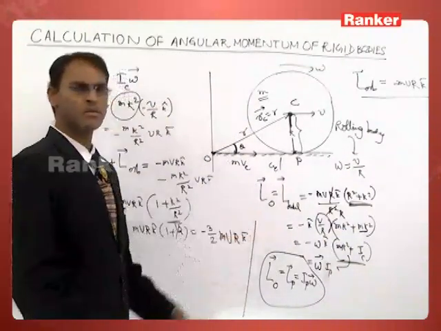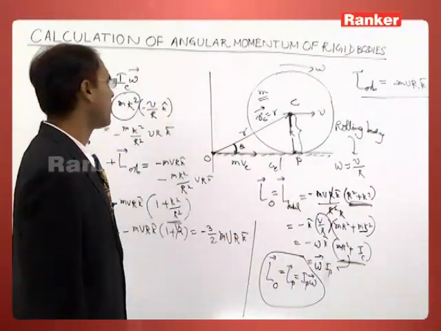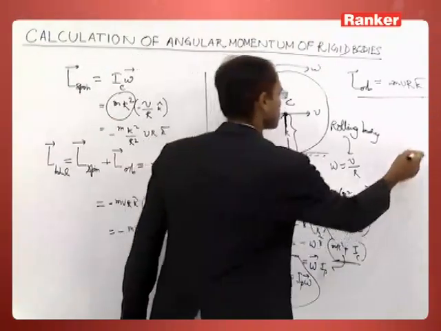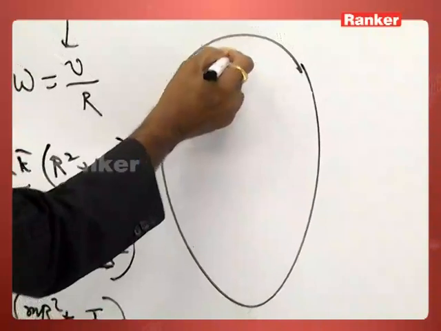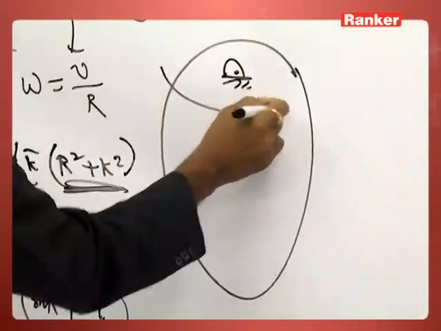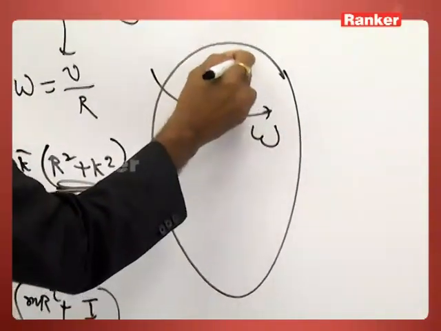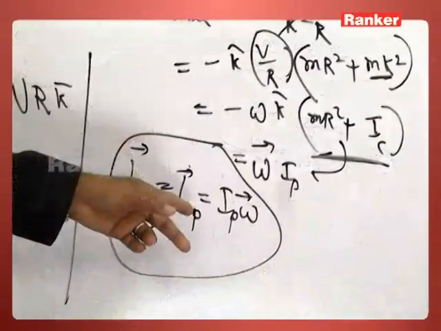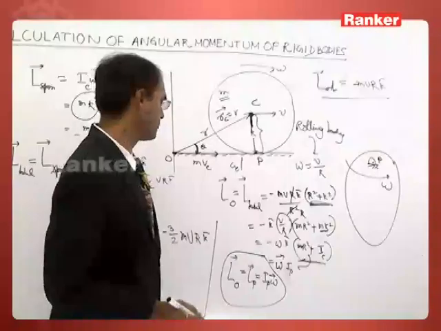You can also apply this formula for fixed axis rotation. For instance, when the body rotates about a fixed axis, you can also use this formula to calculate its total angular momentum.